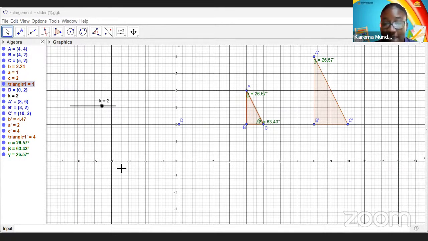So on my object, I am seeing an angle that is 26.57 degrees, and I'm using that loosely, that 0.57. So 26.57 degrees on my object, right at angle A. What am I seeing at angle A prime, right up there where that angle is? Is it the same? Is it different? Is it more? Is it less?